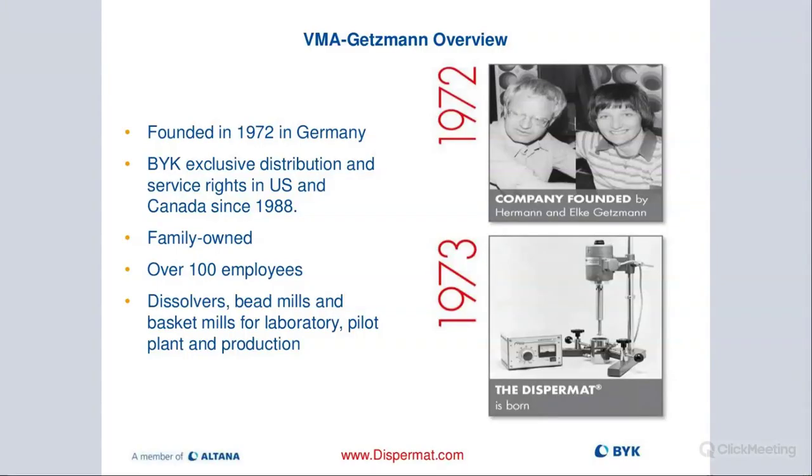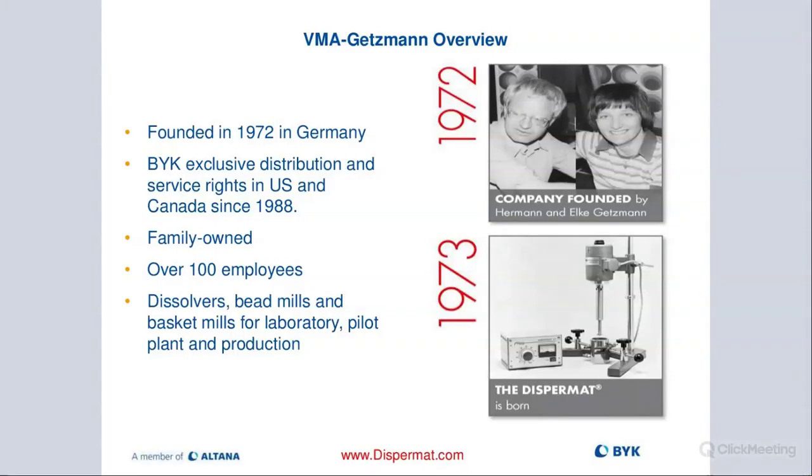The relationship with BYK goes back all the way to before 1988, in the early 80s. The former CEO had brought over some dispermats from Germany to our facility at BYK USA in Wallingford, Connecticut, where the additives group is located. And then they had some customers come in and do lab tours, and they saw the dispermats.